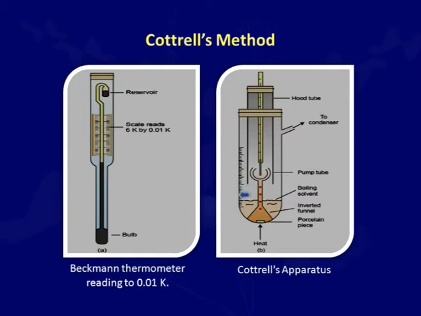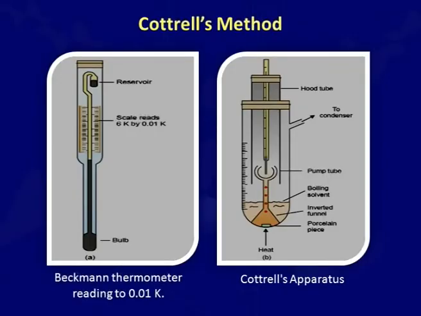For making the solution, some small amount which is weighed accurately is introduced into the boiling tube, and the temperature is recorded in a similar way as we recorded the boiling point of the pure solvent. Now, from the boiling points of the solvent and of the solution, the elevation in boiling point is calculated.